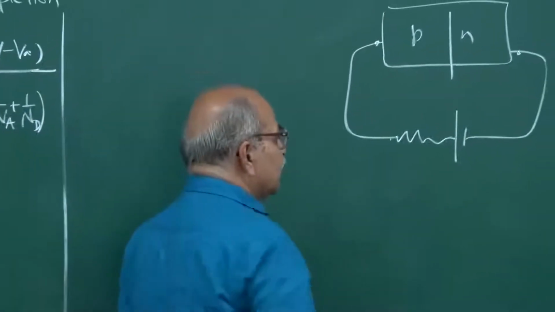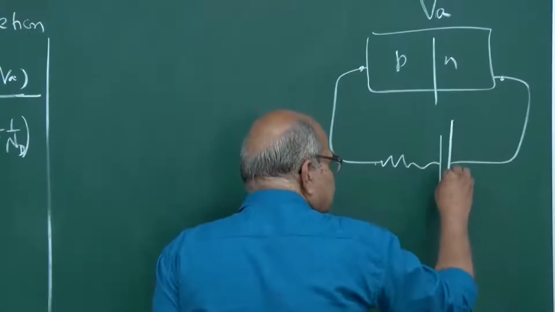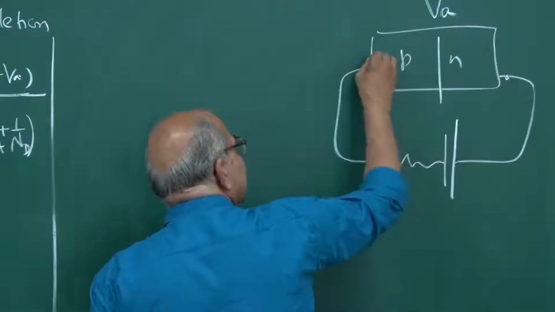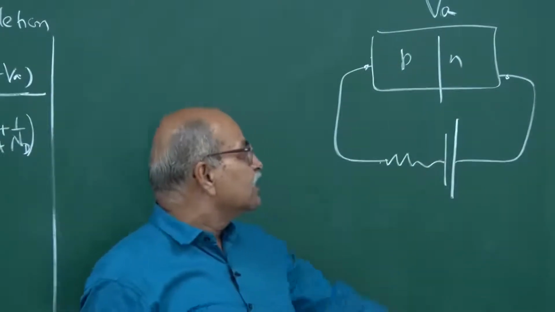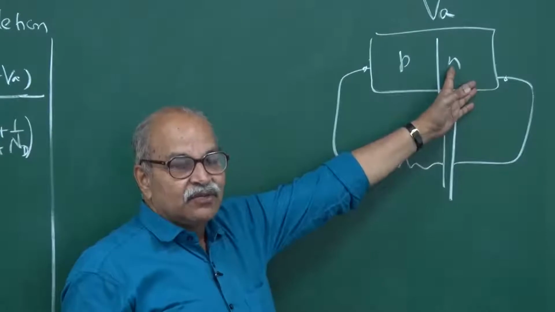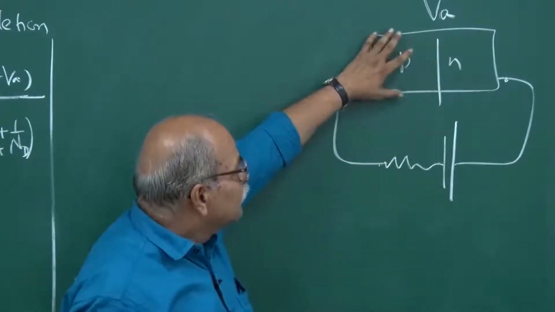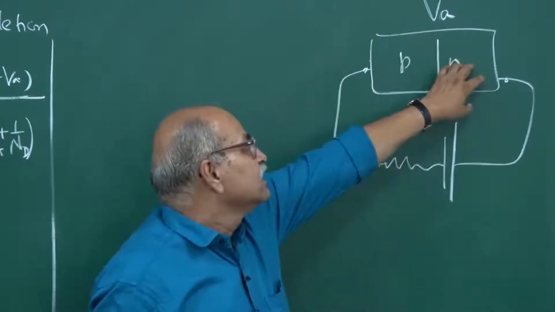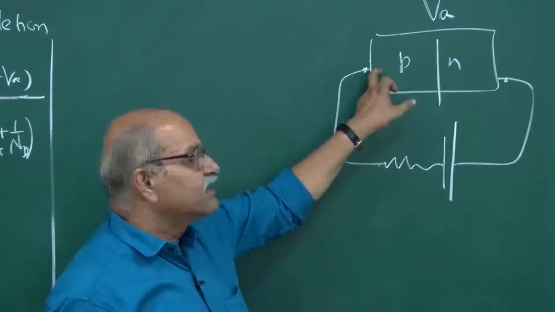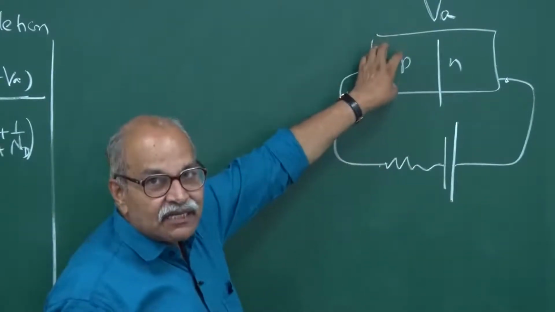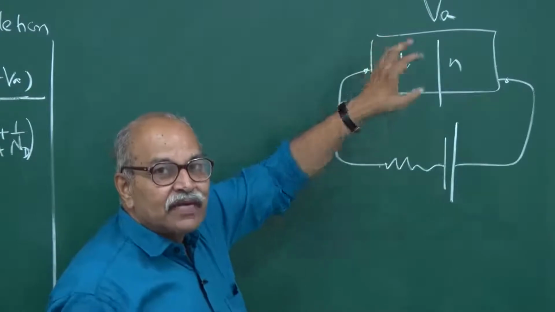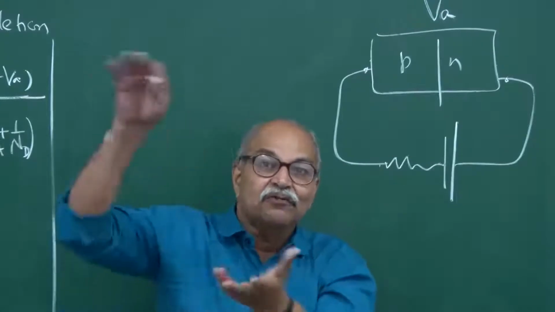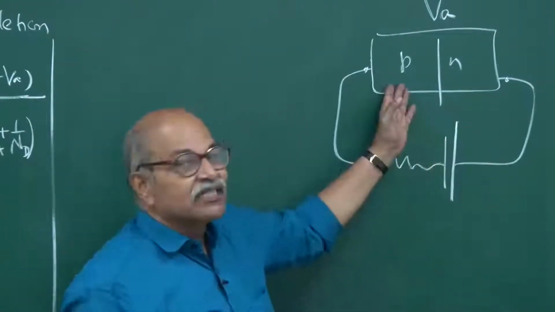If you connect it with opposite polarity, so that this side is at a lower potential with respect to this side, what you are doing? You are reducing the potential of this side. If I take this as a reference, then by connecting this negative here, you are reducing the potential of this side, and therefore you are increasing the potential energy, or increasing the energy, of all those quantum states which are there on this p side.